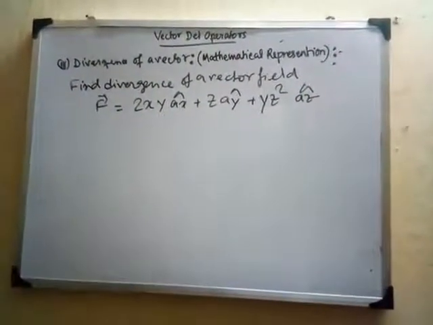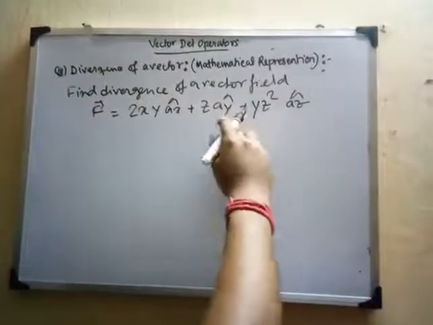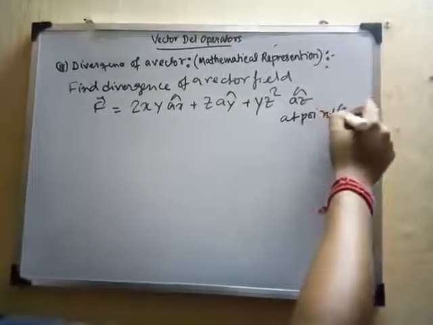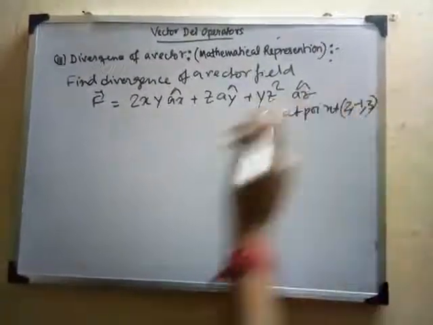You have to find the divergence of this vector at the point (2, -1, 3).